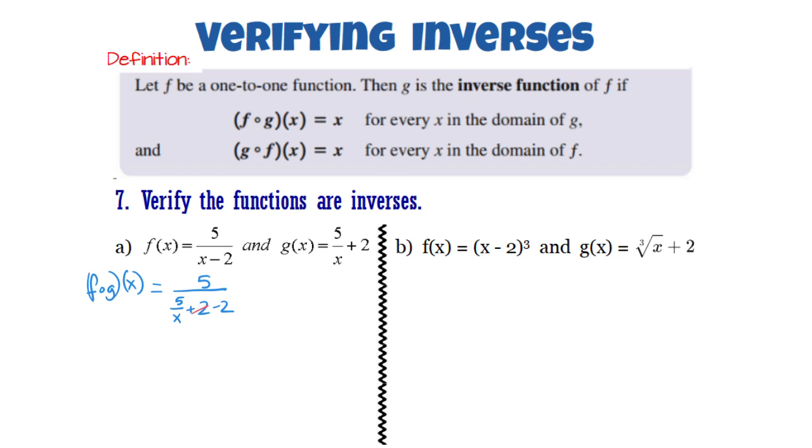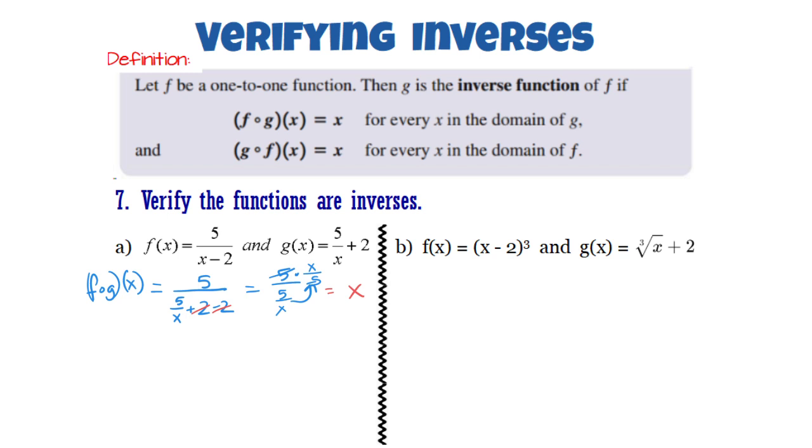Well, I can see right off that this +2 and -2 are going to cancel out. So then what I have left is a 5 over 5 over X. I'm going to pop that up and multiply by the reciprocal, multiply by X over 5. Well, a 5 times an X over 5, this 5 and this 5 would cancel. And then all I have left is this X. All right, it worked that direction.